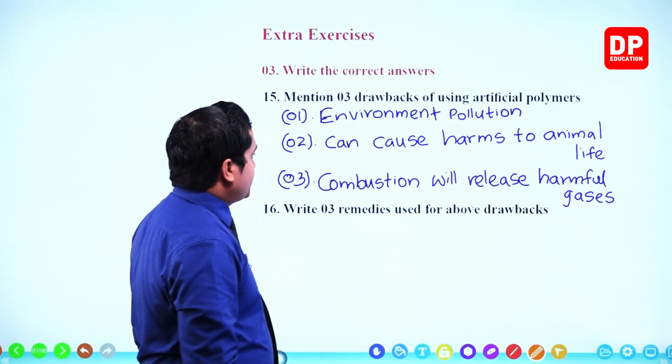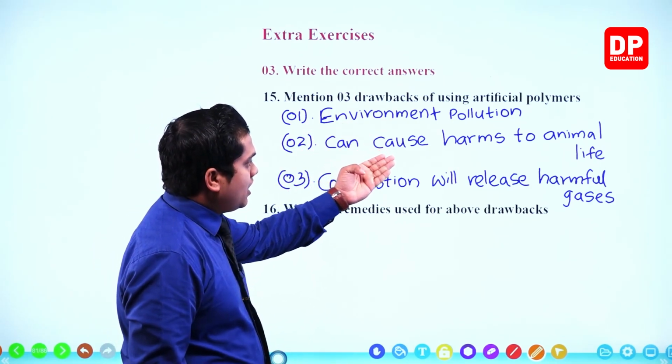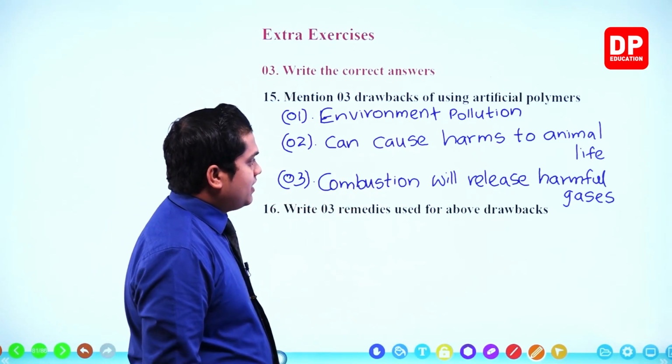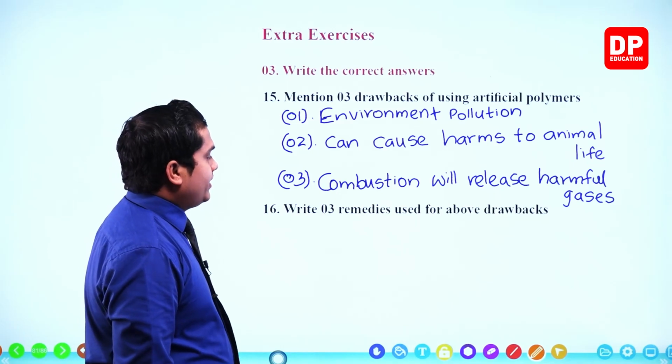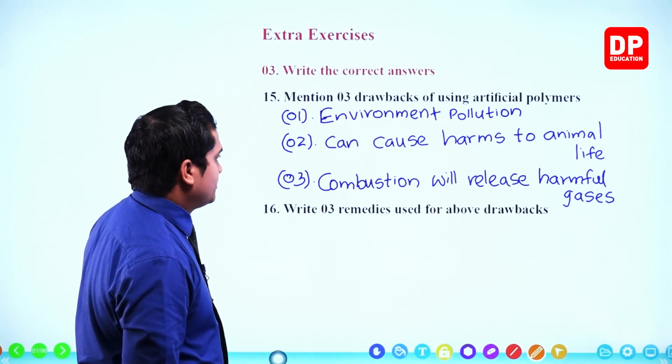Right? So my dear children, environment pollution, right, then can cause harms to animal life. Then combustion will release harmful gases, right? So these are the drawbacks of using artificial polymers.